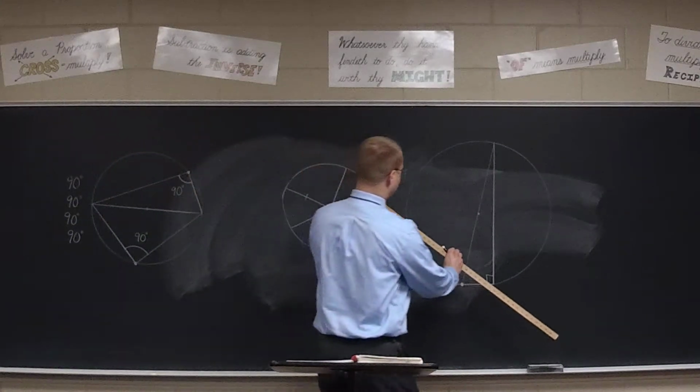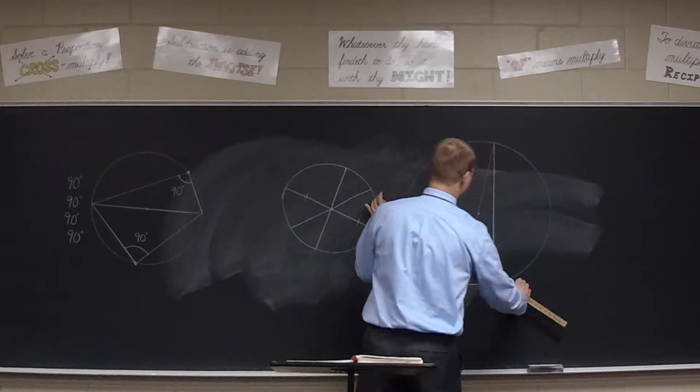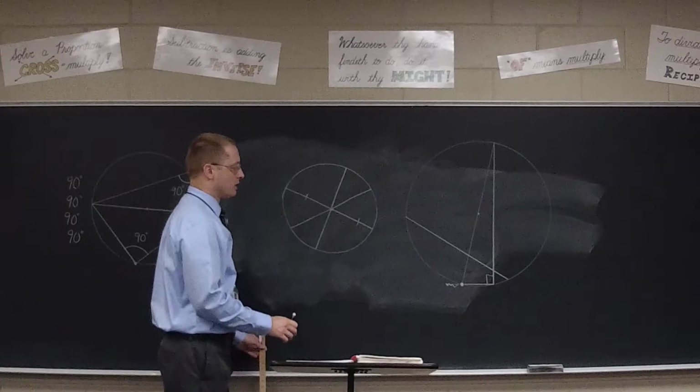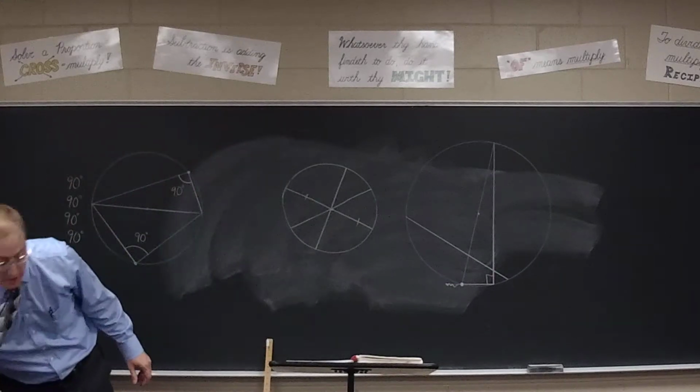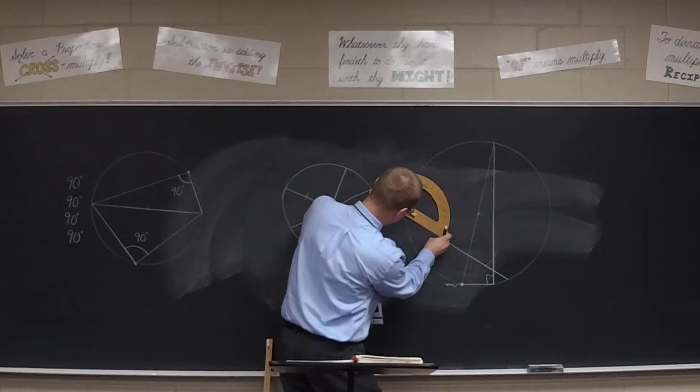Let me make a shorter chord this time. You missed also? Do a shorter chord this time. Once again, at one end of it, let's go to the left end here. Make a right angle.